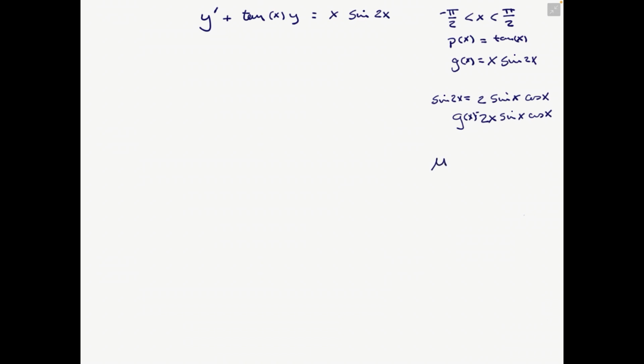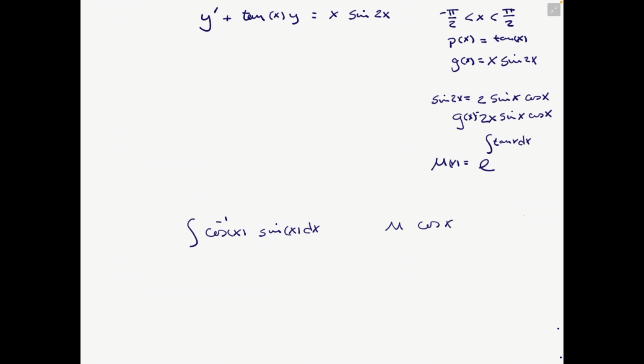And let's see, mu of x is equal to e to the integral of tangent x dx. All right, it's been a while since I've integrated the tangent of x, so basically we have cosine of x to the -1 times sine x dx.